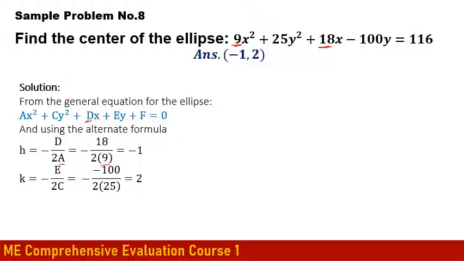E is the coefficient of y, so we can see here that the coefficient of y is negative 100. C is the coefficient of y squared in the general equation of the ellipse, and that is equal to 25. We substitute it here, then we can get the value of k. From that, we were able to get the center of the ellipse as (-1, 2). You can also use completing the square and verify whether the formula is correct.